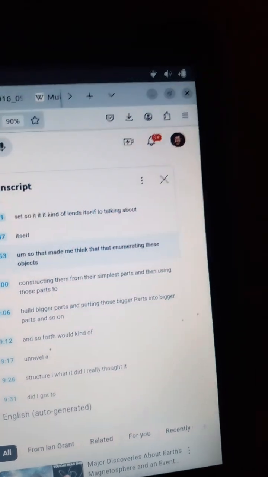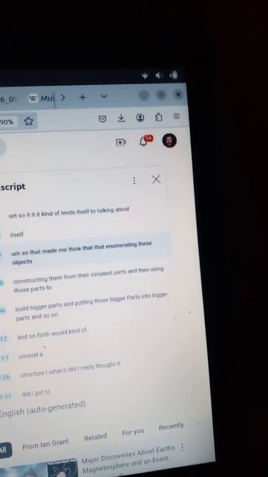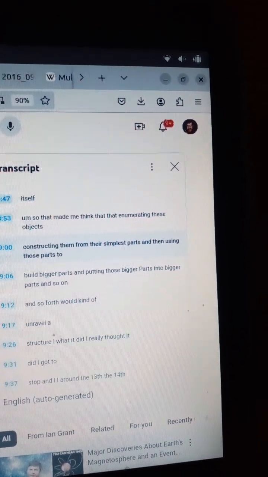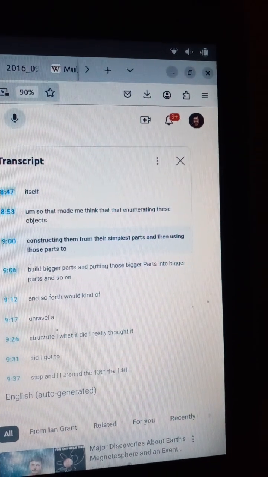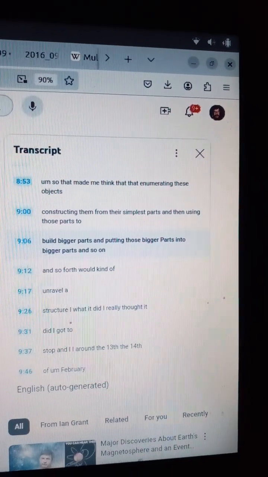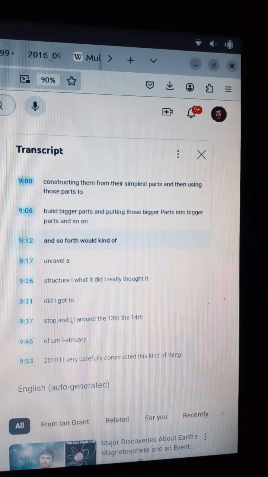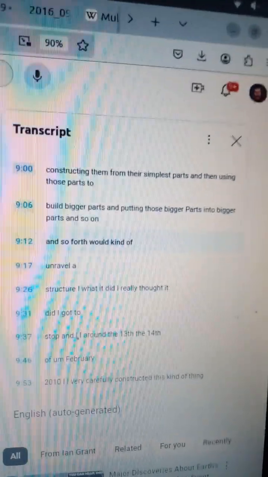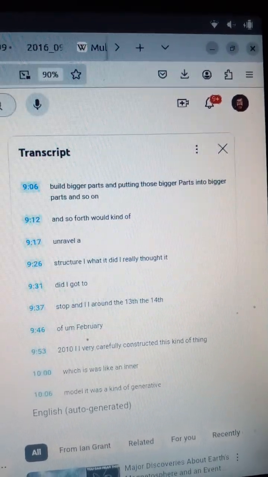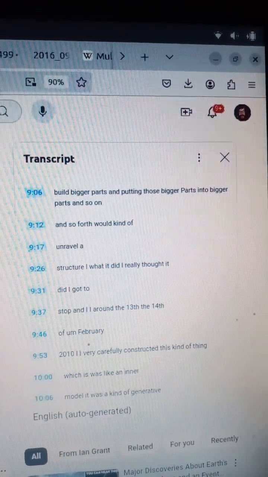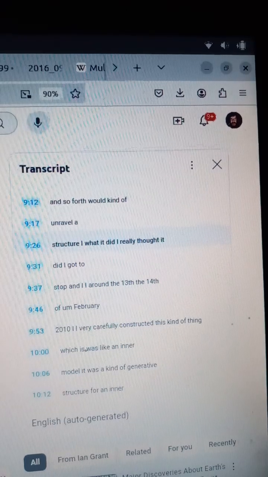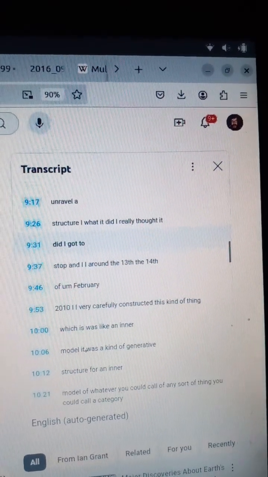So that made me think that enumerating these objects, constructing them from their simplest parts, and then using those parts to build bigger parts, and putting those bigger parts into bigger parts, and so on and so forth, would kind of unravel a structure. I thought it did. I really thought it did. I have to stop.